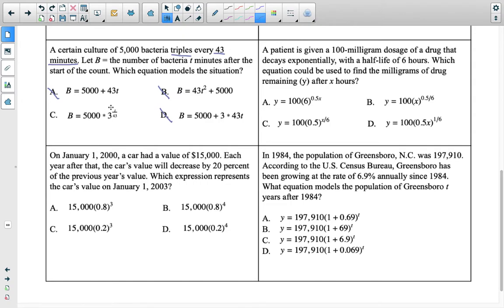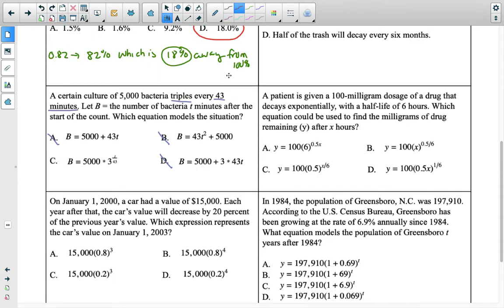Now, if we look at that, we want to make sure we started with 5,000 and we're multiplying it by 3 each time. But it's however many minutes we want to do, let's say 100 minutes. How many times does 43 minutes happen inside the 100? That will take our minutes and divide it by 43.